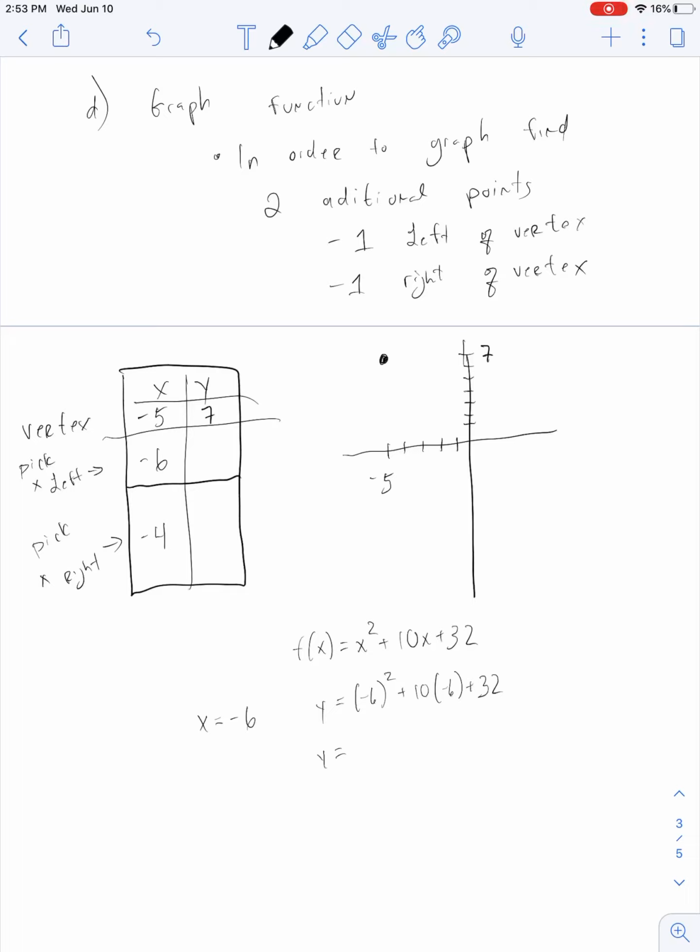All right, so we get what? 36 minus 60 plus a 32. We get 8. So that's another point: -6 and 8.